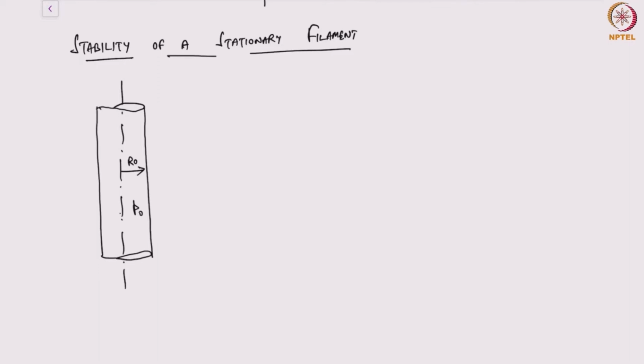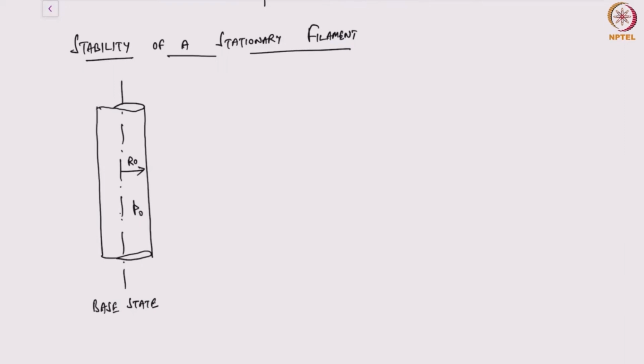We take a base state. So this is our base state. Even though it's a stationary filament, we have our base state, and on the base state we apply some perturbations, and then we linearize the system of equations, and after we linearize them, we can use the method of normal modes, and we can reduce them to a bunch of ordinary differential equations and get the dispersion relation and so on.